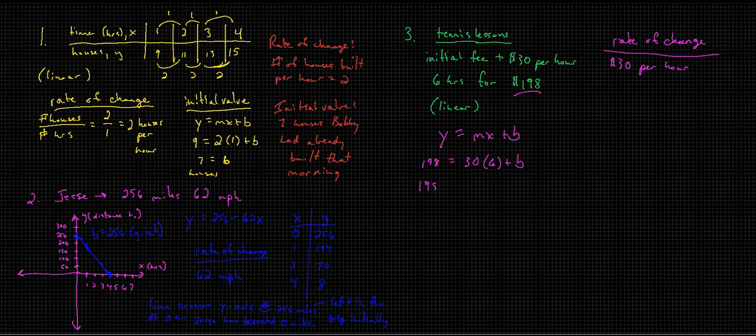So 198 equals 180 plus b. Subtract 180 from both sides, we get that b equals 18. So initial value, b equals $18. And that's the initial fee for taking any lessons from this instructor.